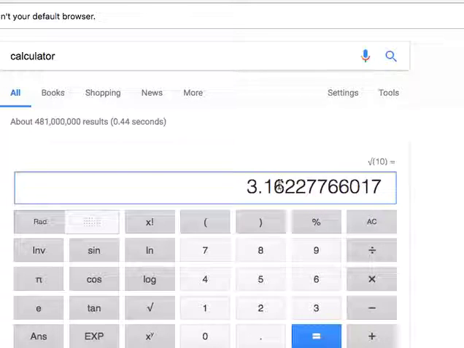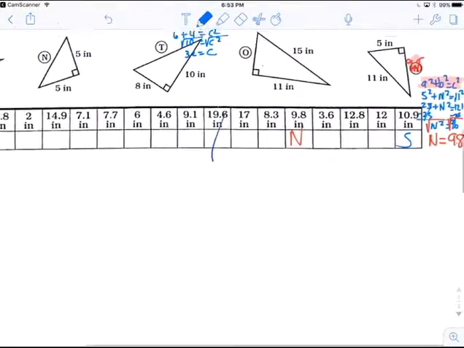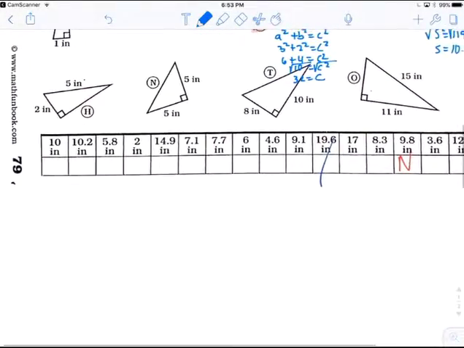So 3.2 equals C, which is O. O is 3.2. Makes sense? So O is 3.2.